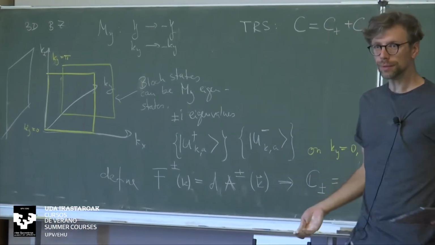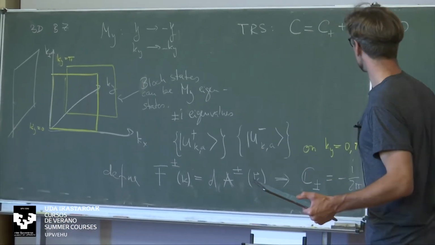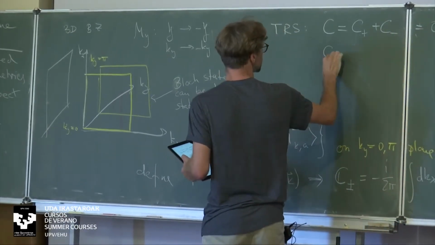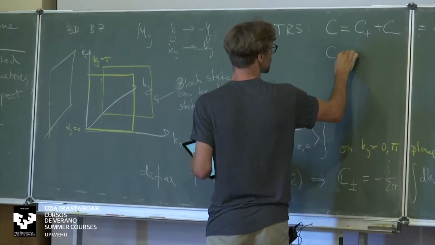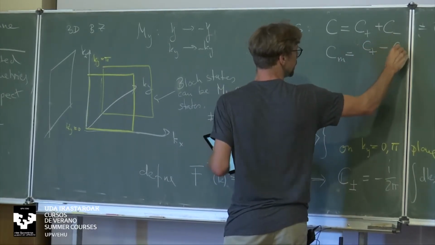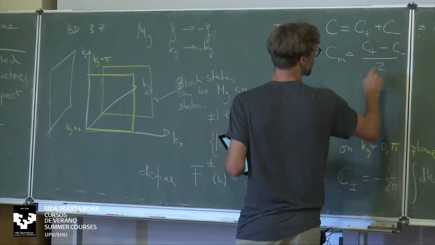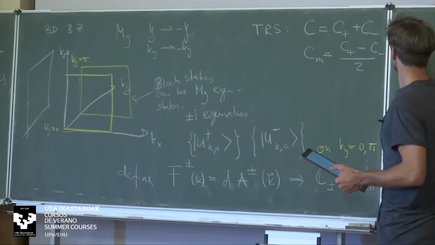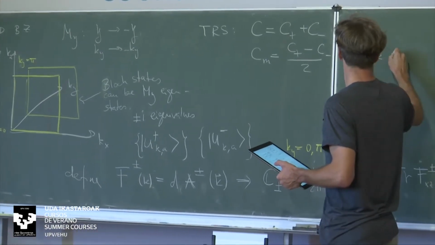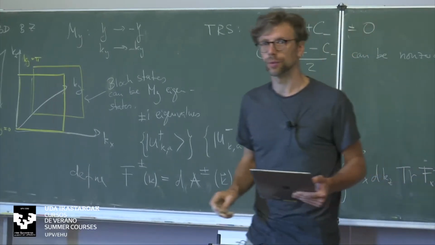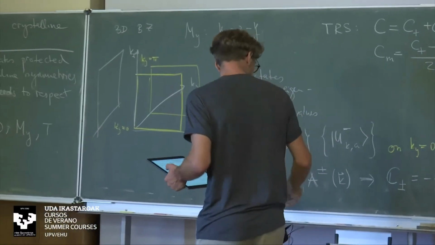But that does not mean that C plus and C minus individually are 0. It's a little bit like with these spin Chern numbers that Joel mentioned. We can now define what's called a mirror Chern number, which would be C plus minus C minus over 2, and this can be non-zero. Okay, and that would be our topological invariant.